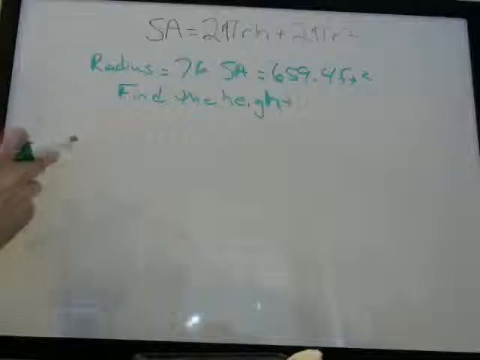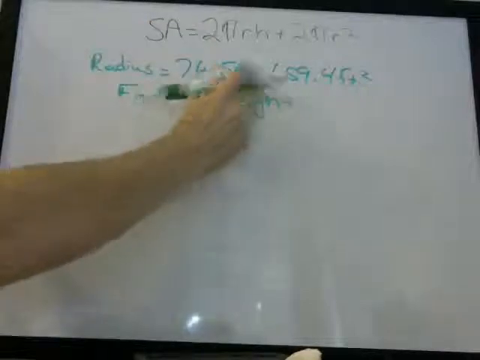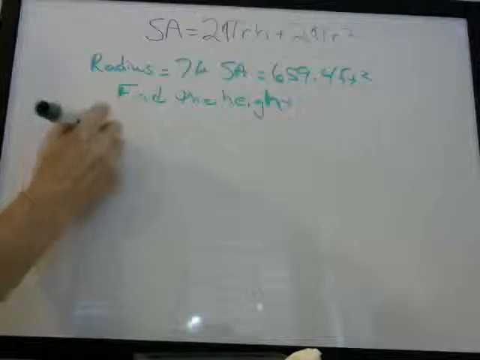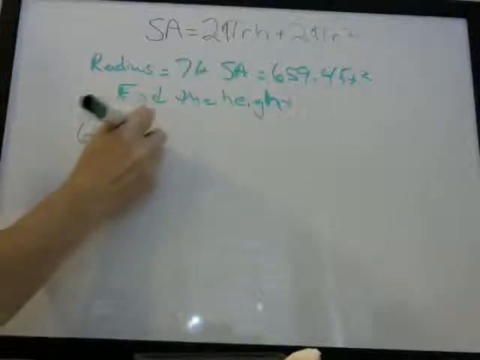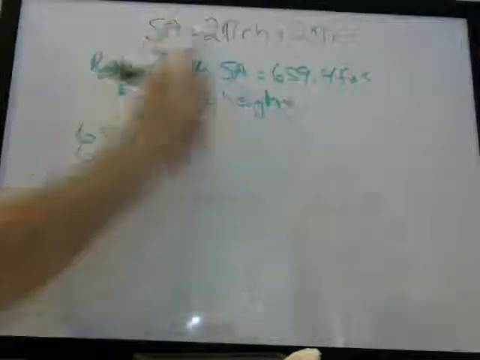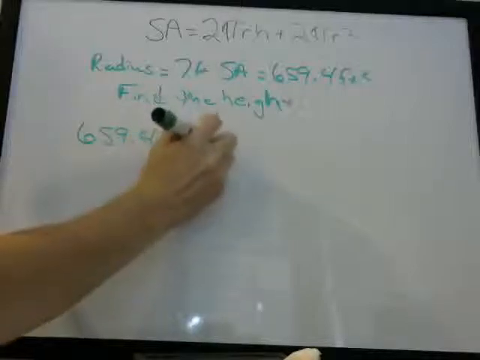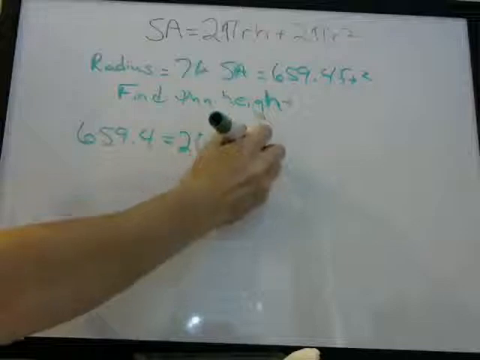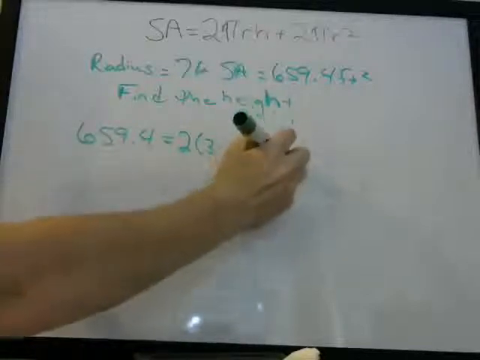The way that we set it up is we follow the formula. Surface area equals 659.4, so we plug that in for surface area. Equals 2 times pi, 3.14, times the radius. They gave us the radius is 7, times the height.